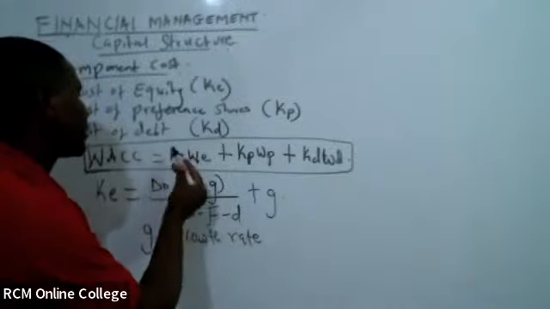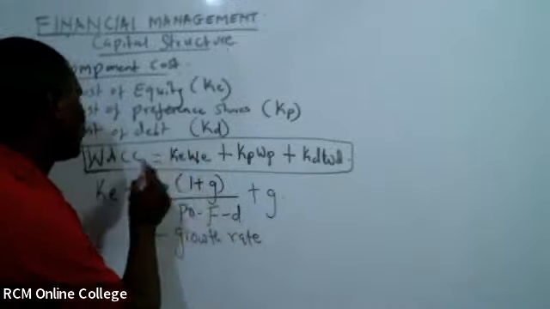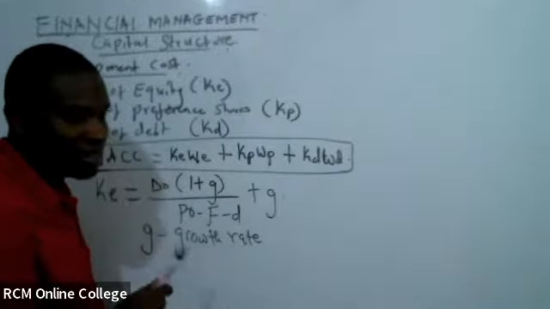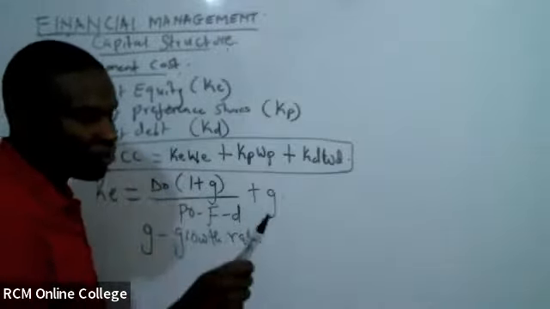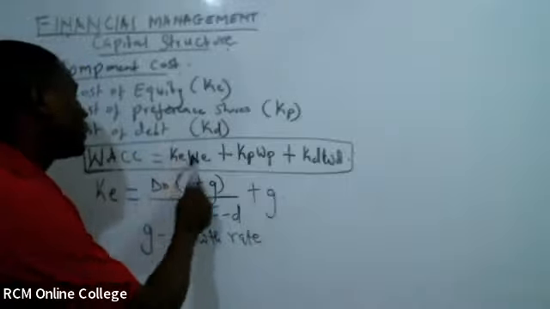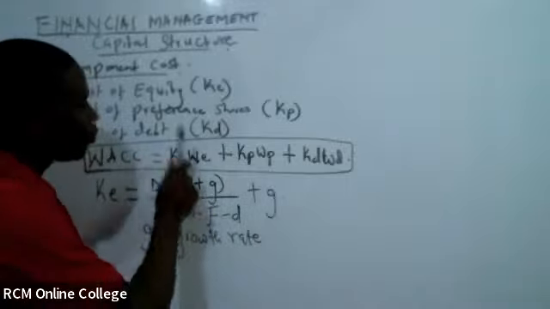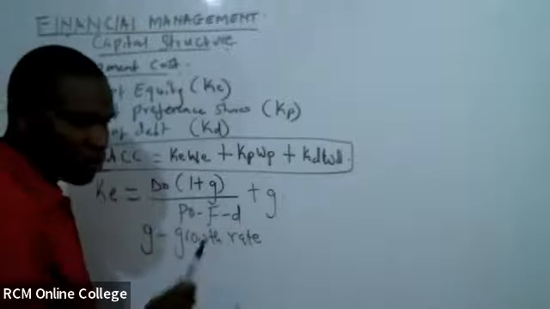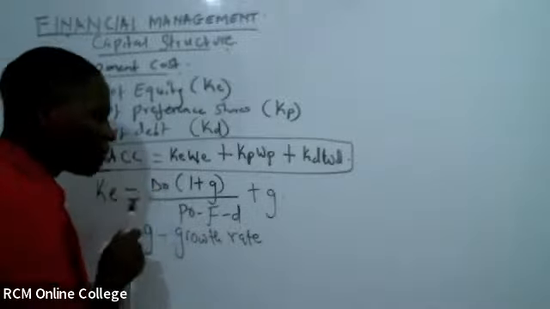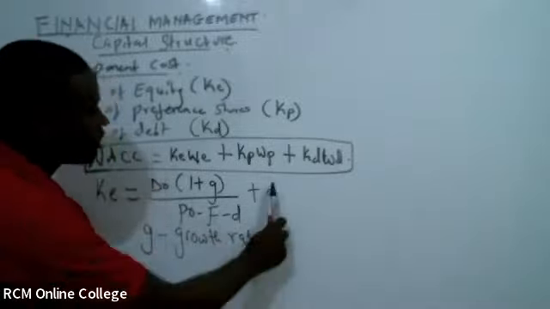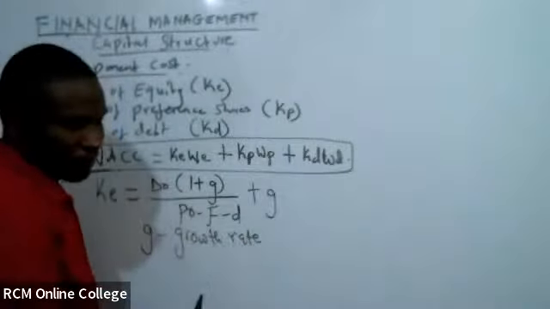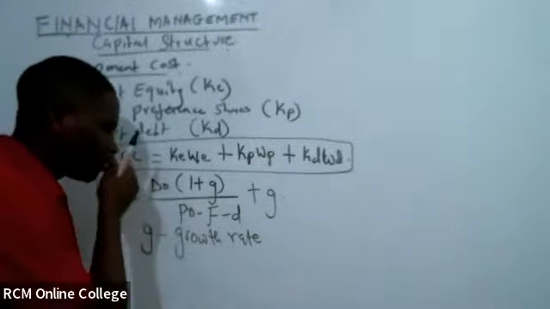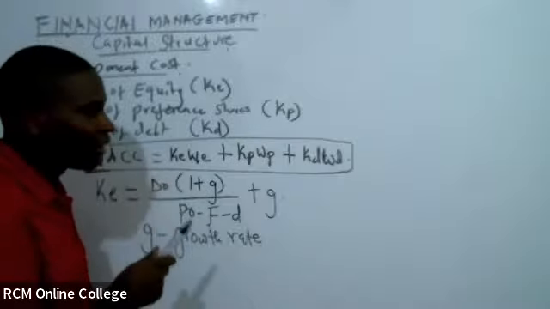And if you don't get that, remember, getting the weighted average cost of capital will be far from you. Why? Because we are waiting for that KE in order to multiply by the weight, and then we get our WACC. So the moment you are not able to get the G, it will become difficult for you to solve this question well.